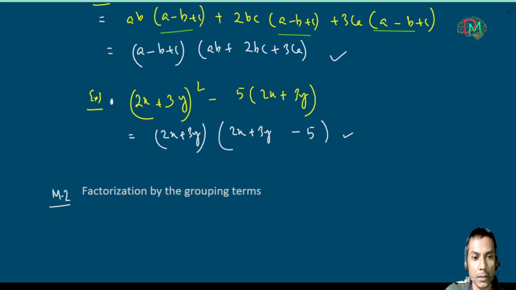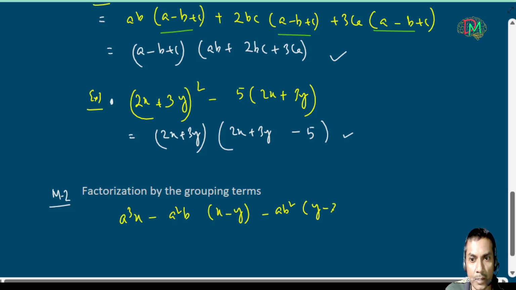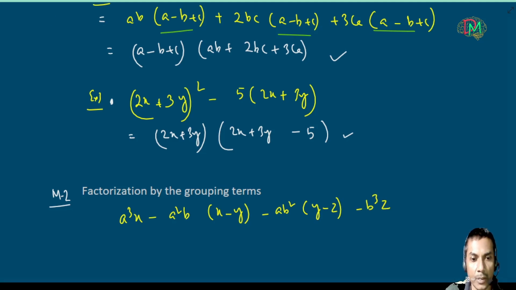So let's take one example from the exercise. Suppose the question given is a cube x minus a square b x minus y minus ab square y z minus b cube z. How can you solve this?